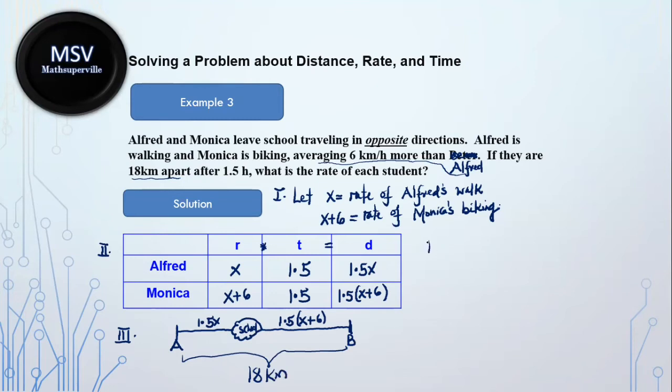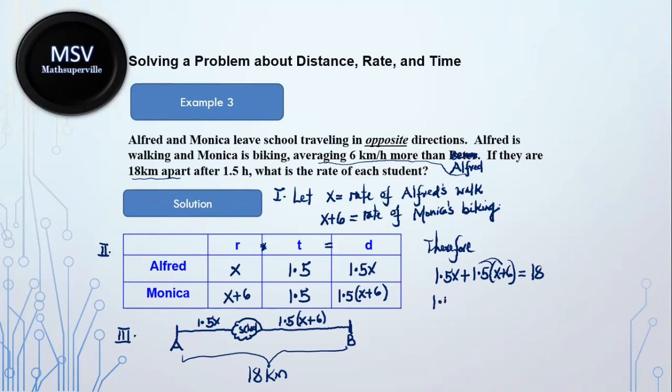So therefore, 1.5x plus 1.5 times x plus 6 should be equal to 18 kilometers. So we distribute 1.5 in the second term.